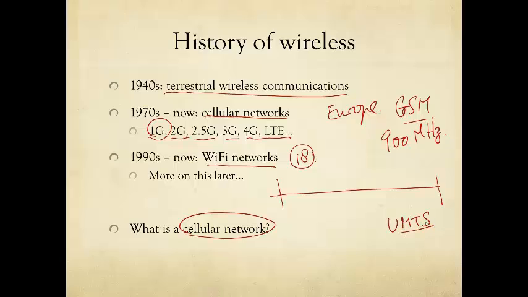And one of the popular third generation networks was called UMTS, whatever that means. We're not going to be bothered with the acronyms too much today. The 1.95 to 2.15 gigahertz part of the spectrum was devoted to UMTS.